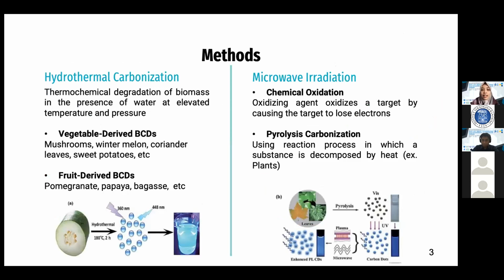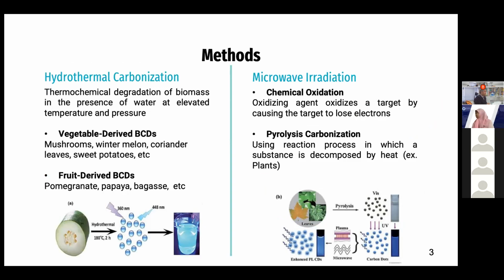Professor Henny gave us a lecture about methods to synthesize carbon dots: hydrothermal carbonization and microwave irradiation. Hydrothermal carbonization is the thermochemical degradation of biomass in the presence of water at elevated temperature and pressure.